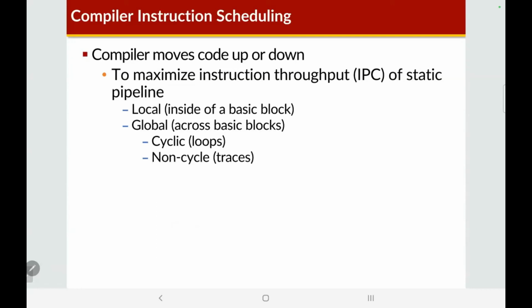Compilers can apply some optimization techniques by adjusting the order of instructions. Because in the static pipeline architecture, as I explained, the instructions have latency if data dependencies are detected. It's not true for the memory instructions, but usually the arithmetic or other normal instructions have fixed latency.